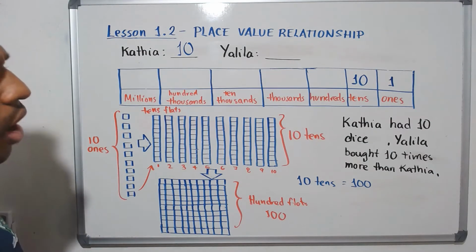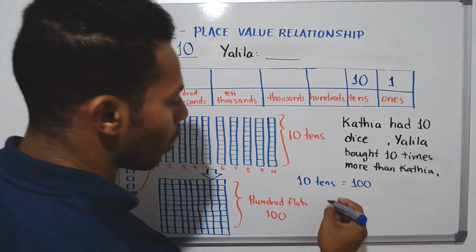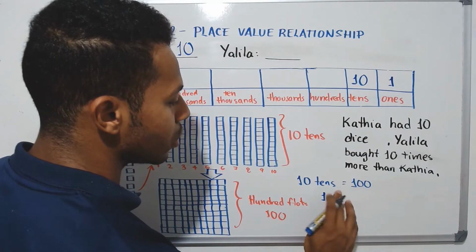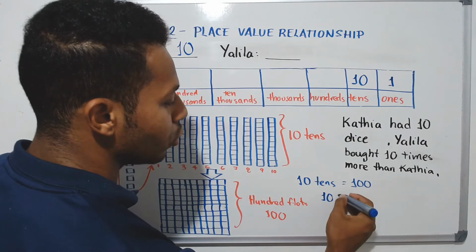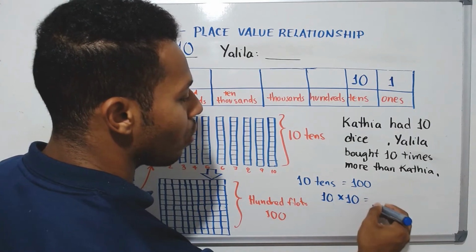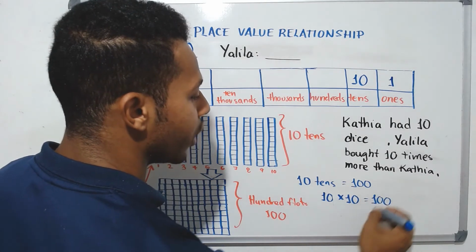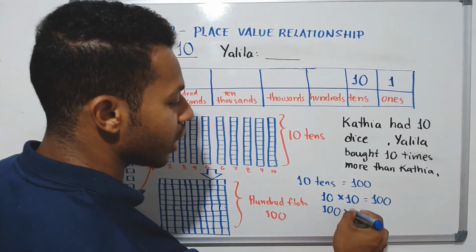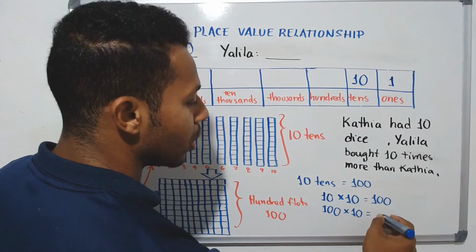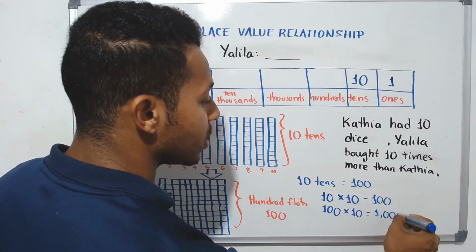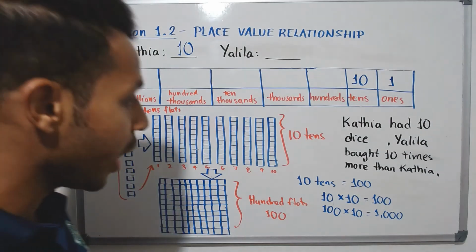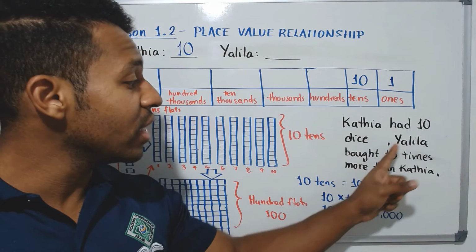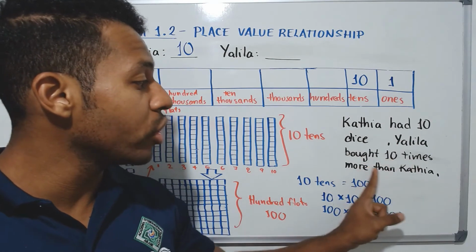Okay, so let's figure out this example. 10 multiplied by 10 is equal to 100. 100 times 10 is equal to 1000. So in the situation of the classroom, Jalila bought 10 times more than Katia.